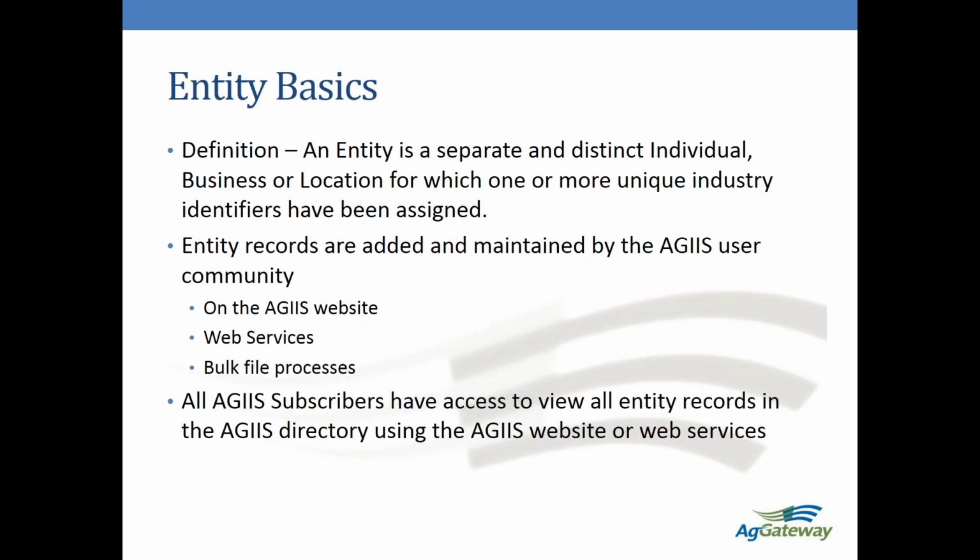So here's some basics. The definition of an entity is a separate and distinct individual business or location for which one or more unique industry identifiers have been assigned. So one example I will give you, let's look at the seed industry, is we have a farmer that is buying seed corn for his own farm.